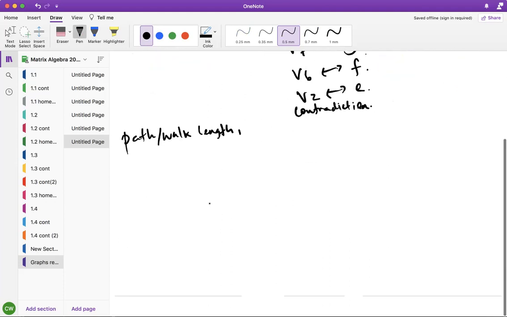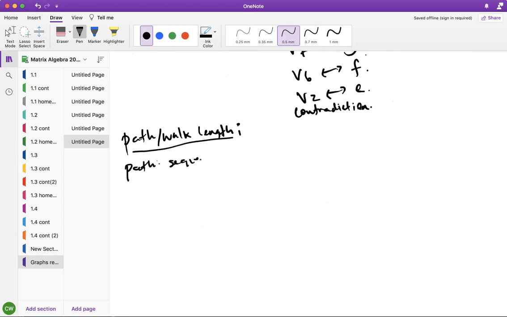So let's define what a path is. A path is a sequence of adjacent vertices. By adjacent, I mean connected by an edge.